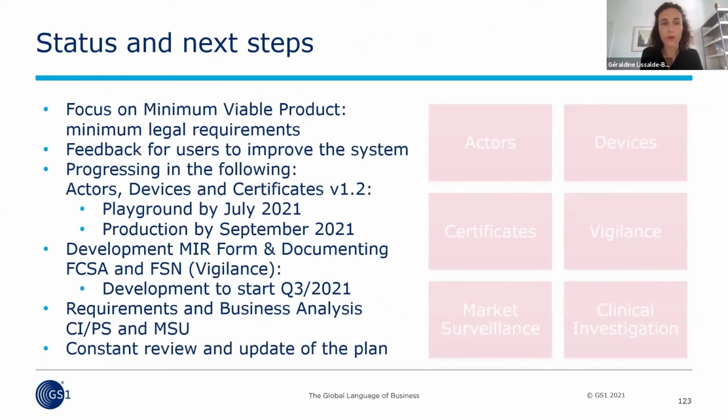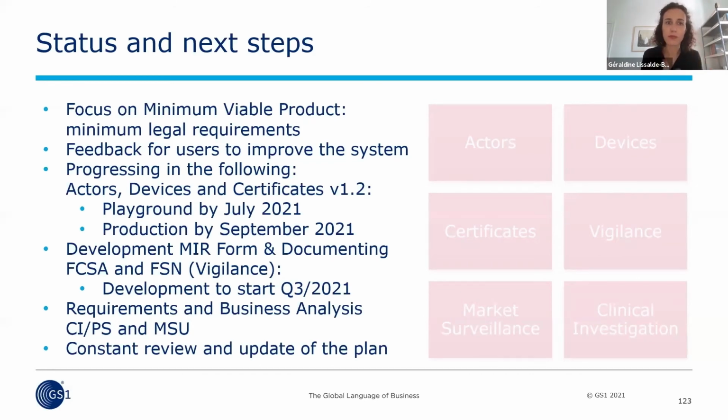So what we have, again, as advice from the Commission, not really from GS1, because we are an issuing entity for the identifiers, but in principle, we have nothing to do with EUDAMED. Focus on the minimal legal requirement. They call it the minimum viable product. So really don't try to put everything in there as a first shot.